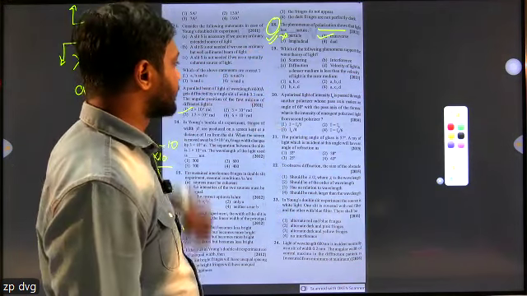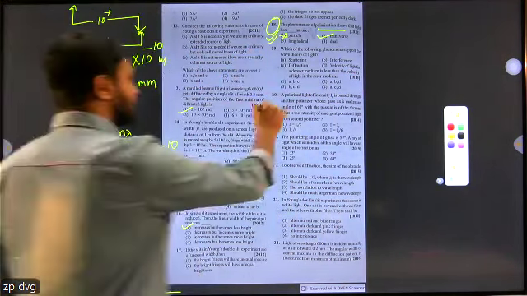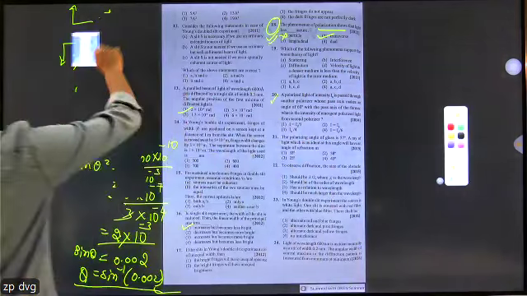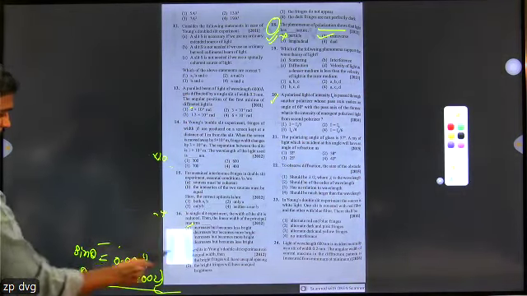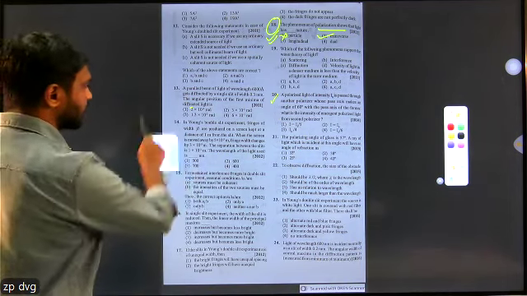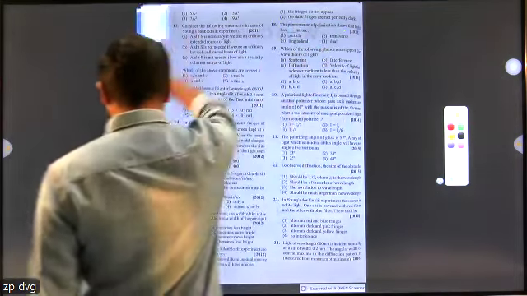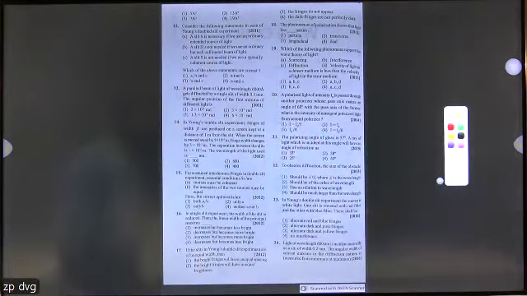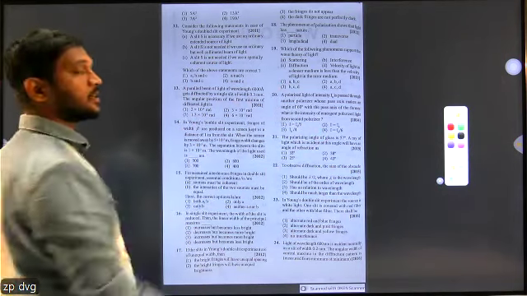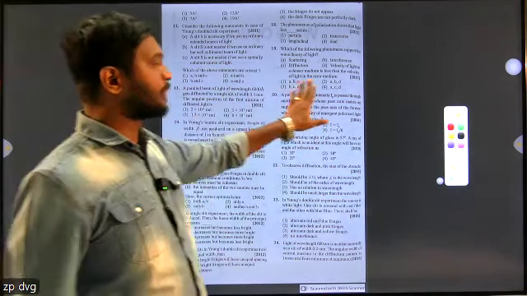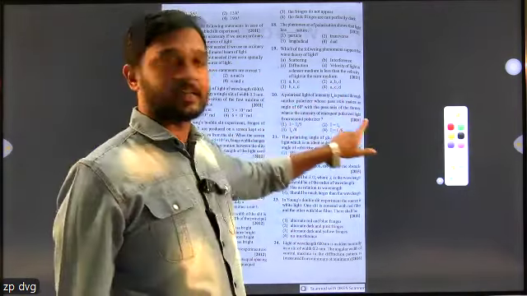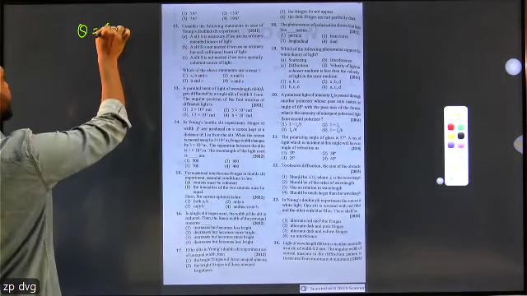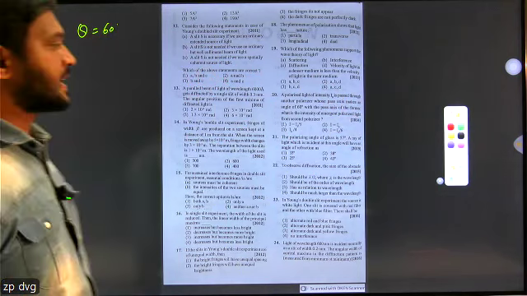Question number 20. Again, this is on the basis of Malus law. So we are solving problems on diffraction and polarization. So question number 20. A polarized light of intensity I0 is passed through another polarizer whose pass axis makes an angle of theta equals 60 degrees with the pass axis of the former.